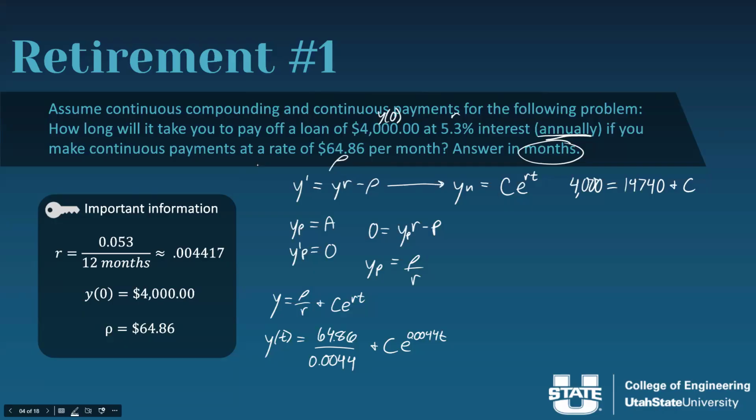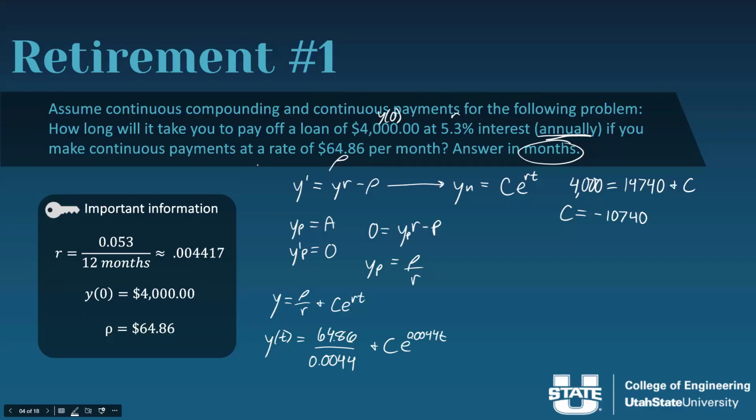So now we can solve for C, which is just 4,000 minus 14,740. Okay, 10,740. Okay, awesome. So now we have our C, and now I can plug everything back in.